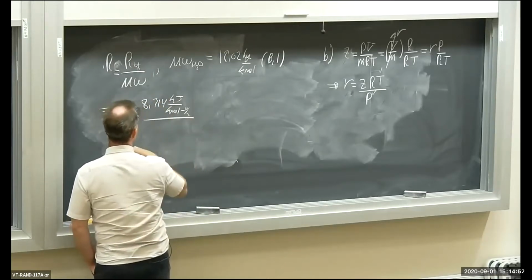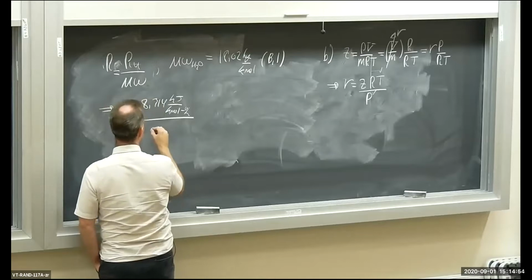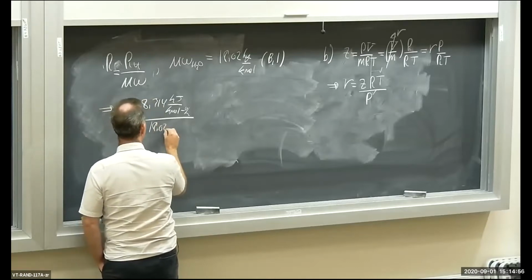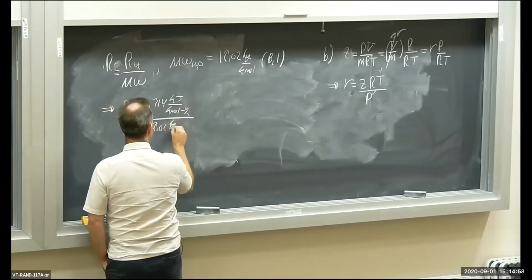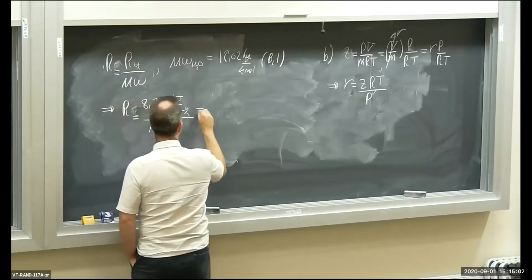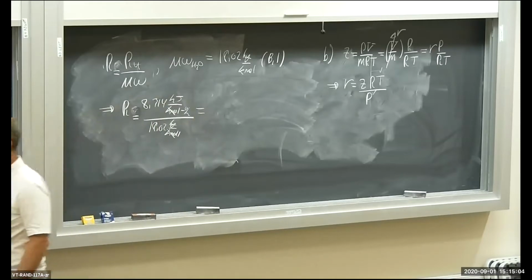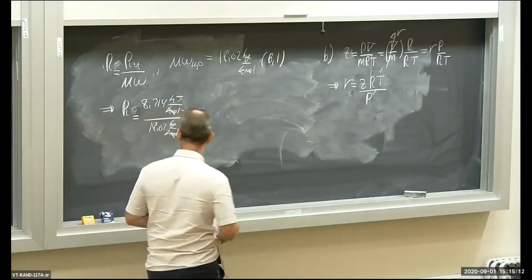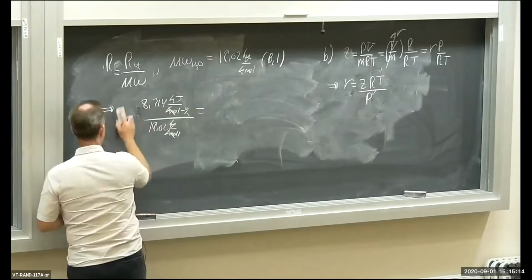This is R_U right here. Divided by the molecular weight, 18.02 kilograms per kilomole. The kilomoles cancel out, and I get kilojoule per kilomole degree Kelvin. And I get a gas constant, and this is going to be for H2O.